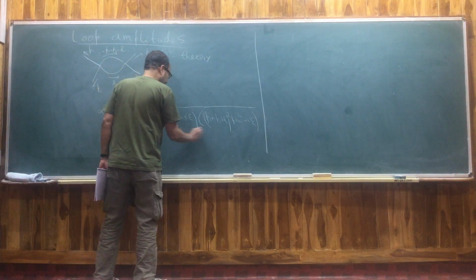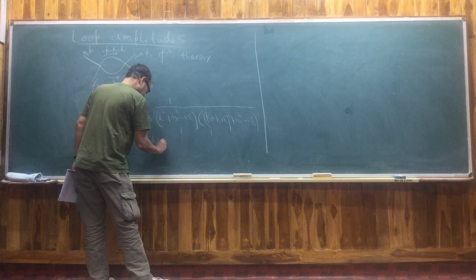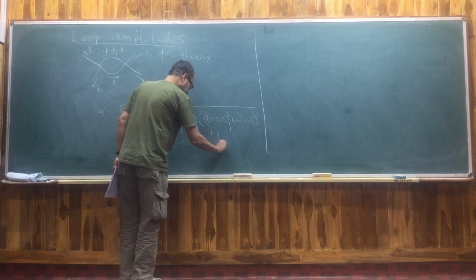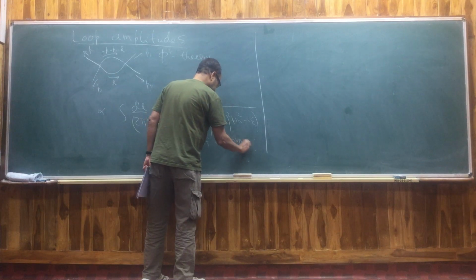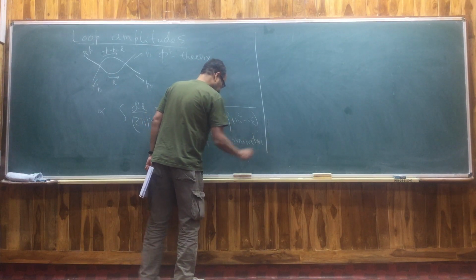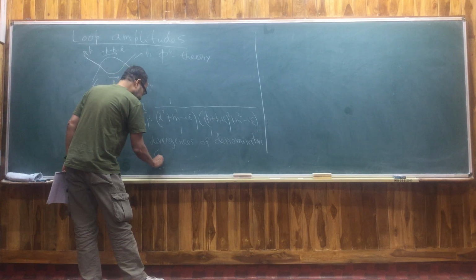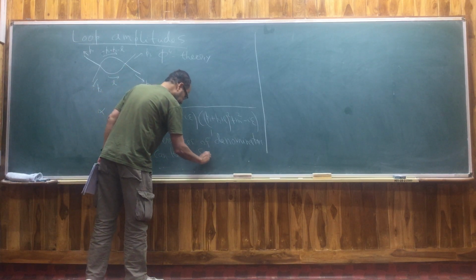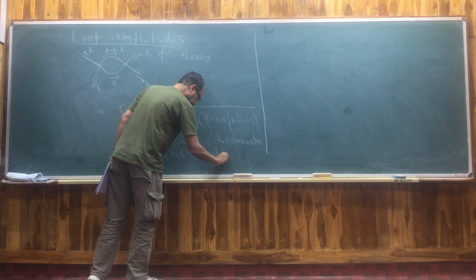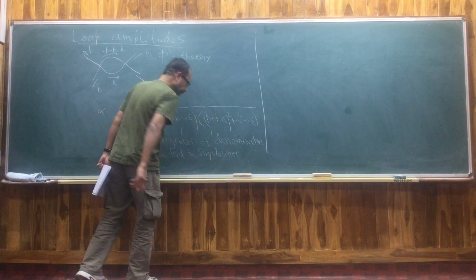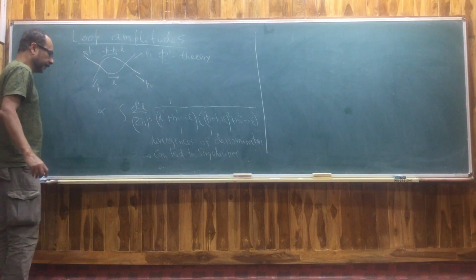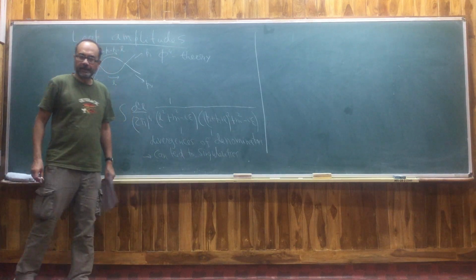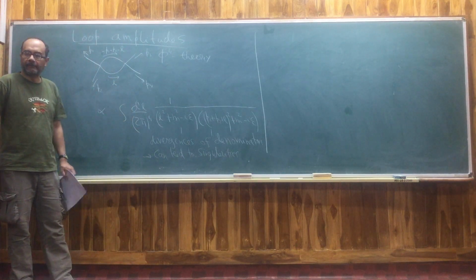So the divergences of denominators can lead to singularities. But typically you don't worry about this because these singularities turn out to have physical origin.